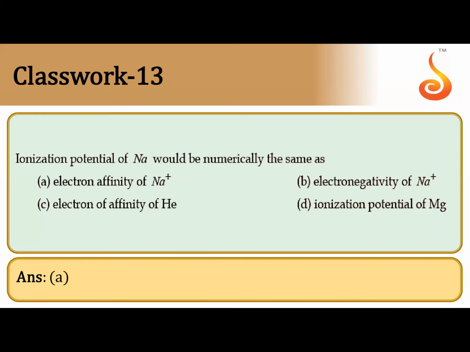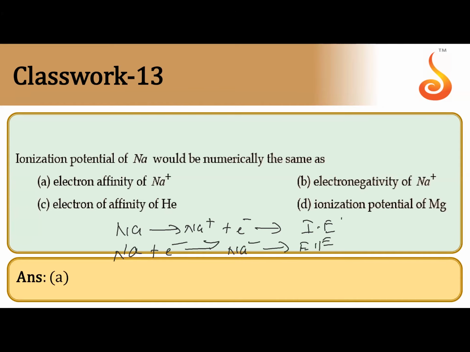Ionization potential of sodium would be numerically the same as the electron affinity of Na+. What could be the reason for this? See, very simple. Na giving Na+ plus electron. This represents your ionization energy. Na+ plus electron giving Na. This is electron affinity.